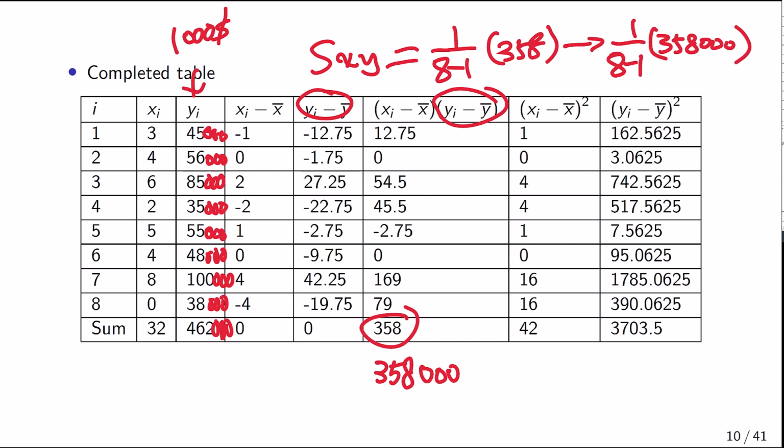I repeat this again. Originally, we used $1,000 as the measurement unit for the income, for Y. So we end up with the covariance between the education and the income as this value. But after we use $1 as the measurement unit, we end up with this covariance between the education and the income. Basically the same thing, right?